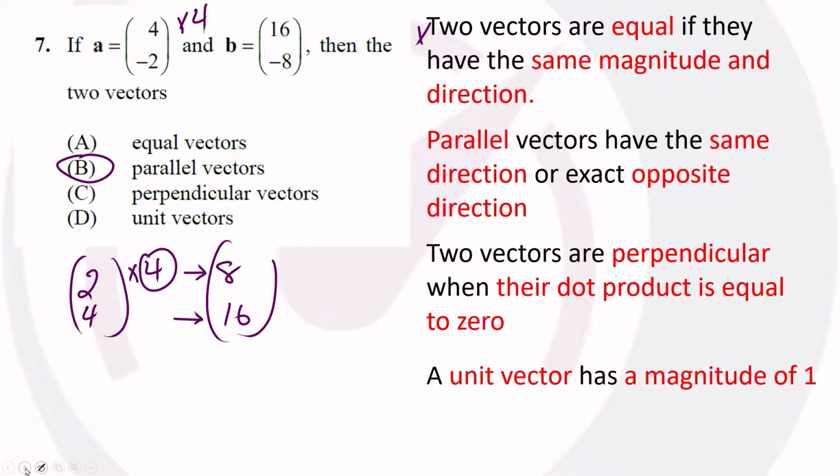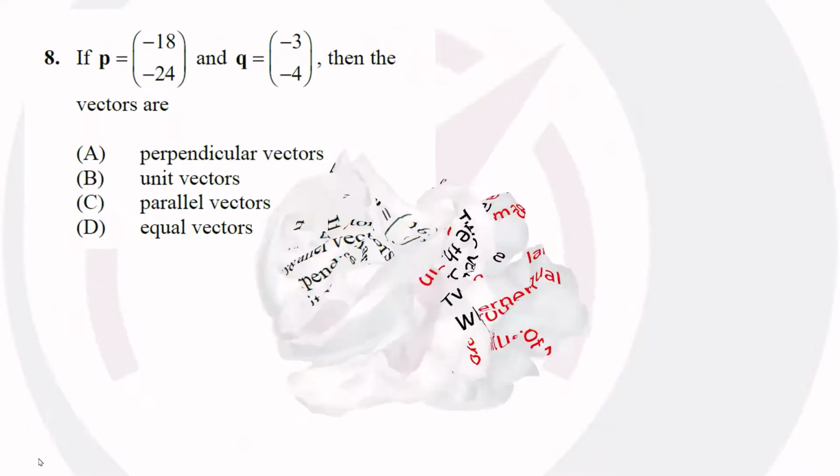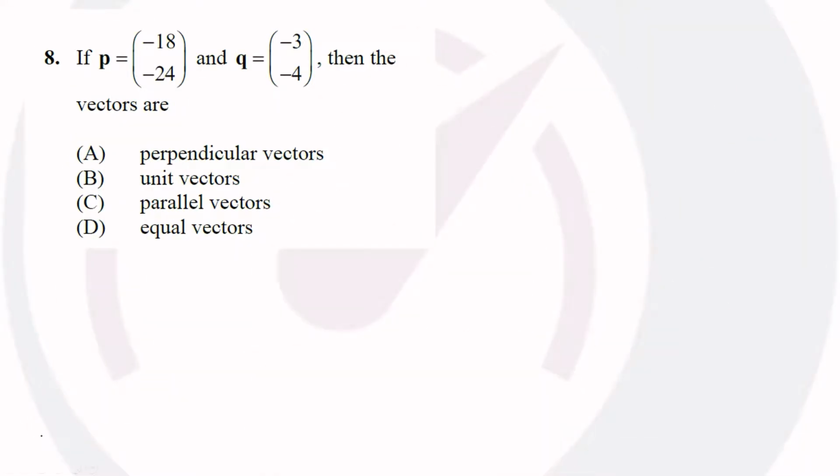Alright, let's look at the next one. Question 8: if P is equal to (-18, -24) and Q is (-3, -4), then the vectors are, you tell me now.